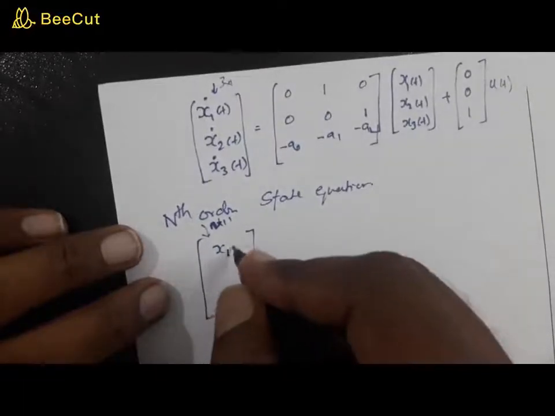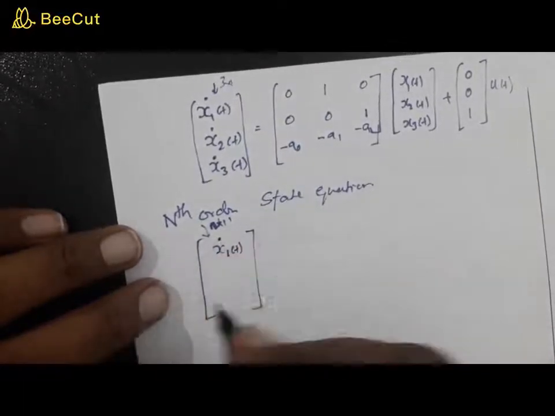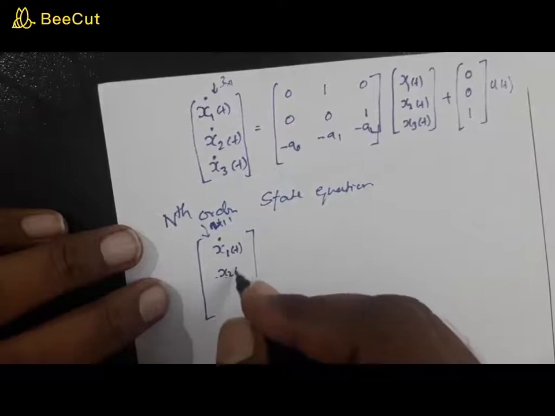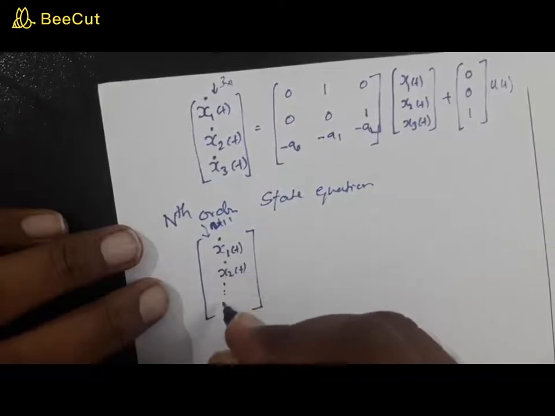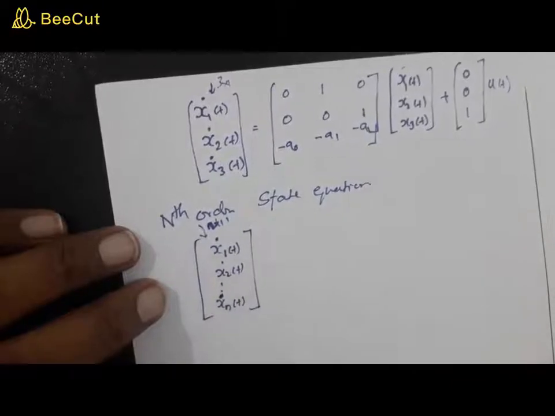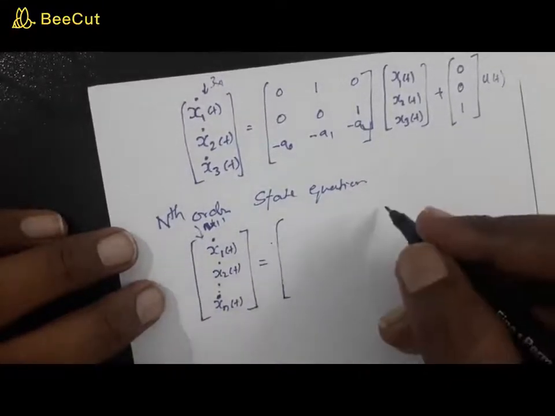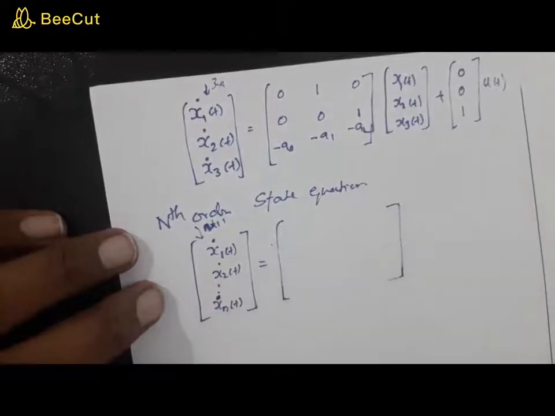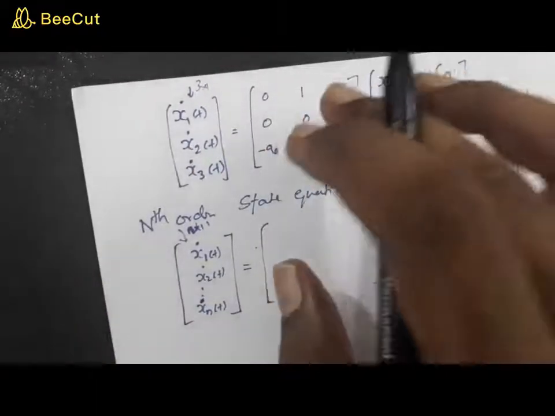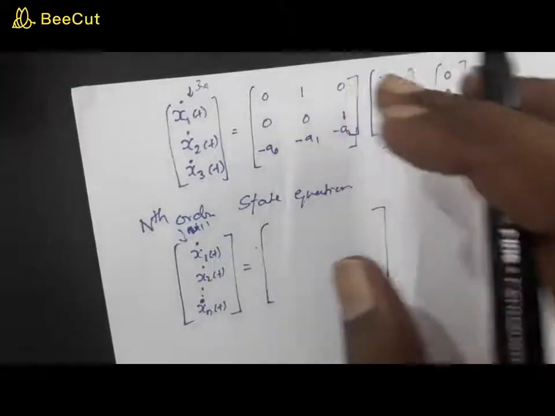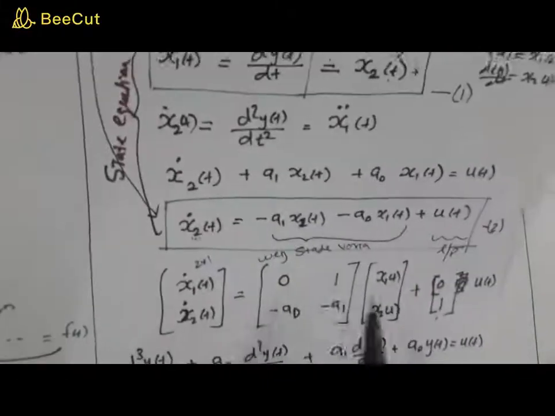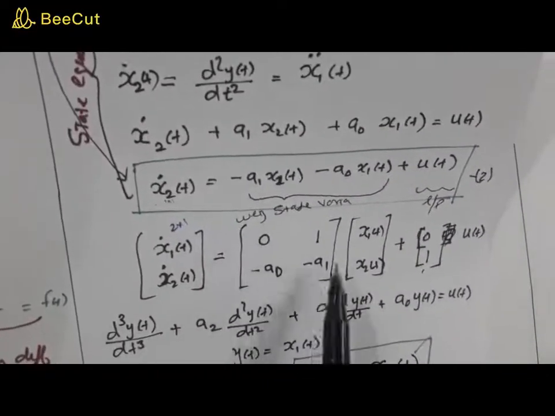So that means it will have x1 of t dot, x2 of t dot, up to xn of t dot. This is equal to a big matrix. Now what is the speciality of this matrix? Look at this. In this case you have a 2 by 2 matrix.